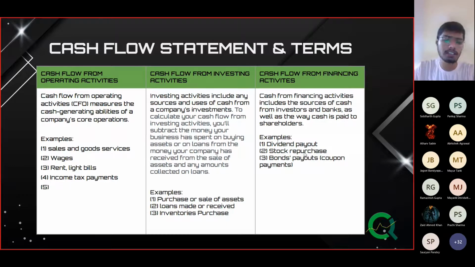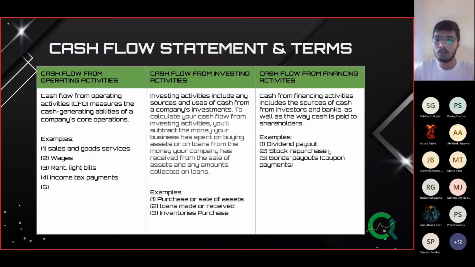And how the financing activities are different is that they are more related to investment in the company itself. Suppose the shareholders of the company are investing in that company. For example, with Tata Motors, a VC firm has decided to invest money for some project on a large scale.